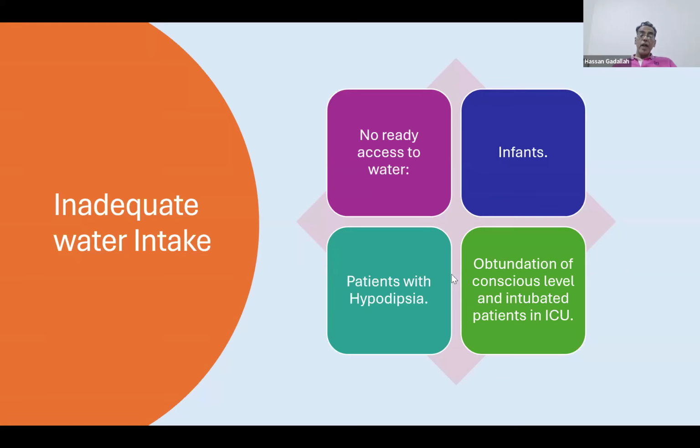And some patients have hypodipsia, I mean there is obtundation of the thirst mechanism, and this is common in elderly patients. Frequently we face such patients in the emergency departments when they are alone, neglected, at home, I mean in nursing homes. So they have a blunted thirst mechanism, so they are not drinking enough water.